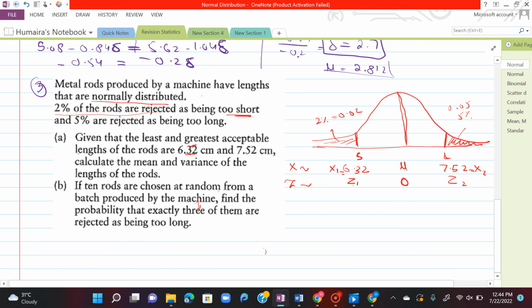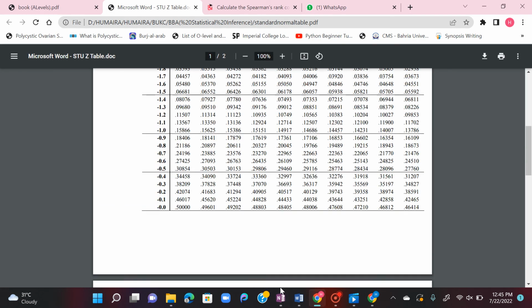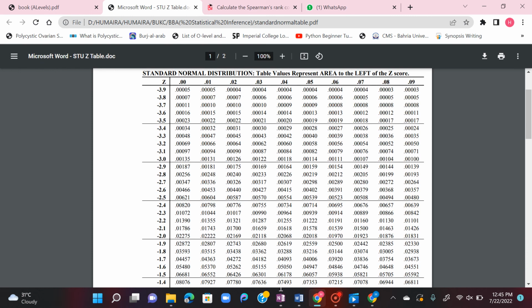So again I will find the z value through the table, but see, right now the left hand side region is already given, 0.02. So I will just look for this value in the table. 0.02, it's somewhere on the top. 0.0, 0.00, 0.01, 0.02. Okay, twos are here, in this line. 0.0218, 0.02.